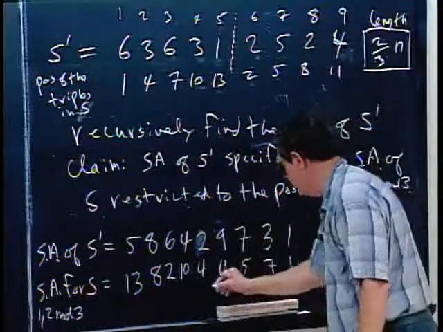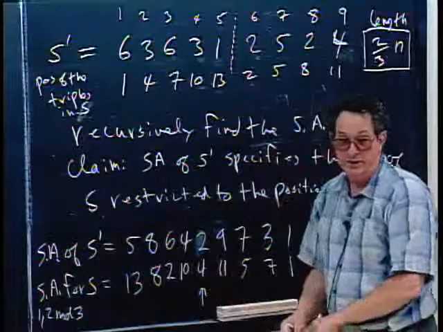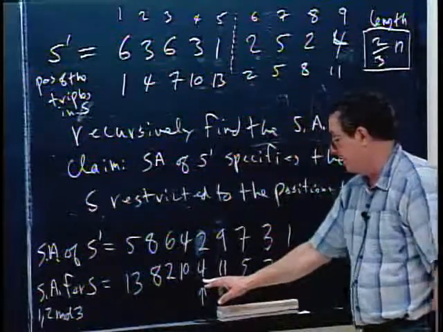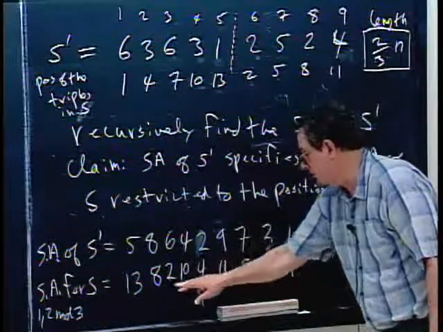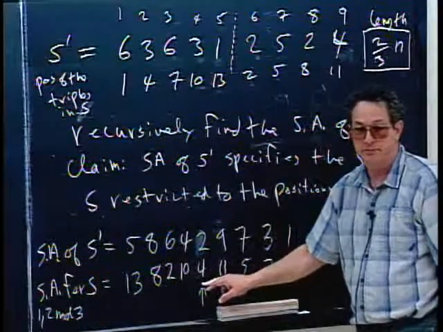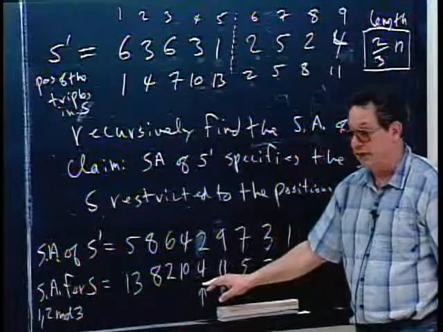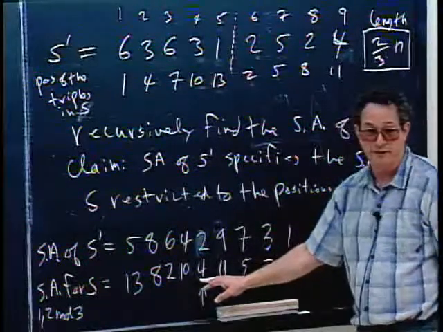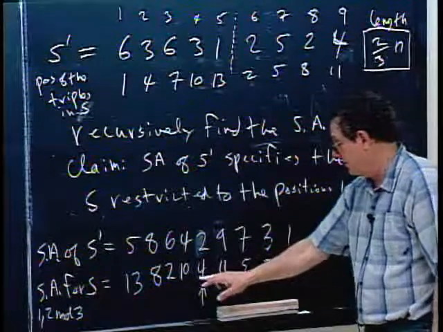Position 4, yeah, it's right here. This says that the substring that begins at position 4 is the fifth, 1, 2, 3, 4, 5, fifth smallest, lexicographically smallest among all the substrings that begin at positions 1 or 2 mod 3. Okay? It's the fifth smallest.